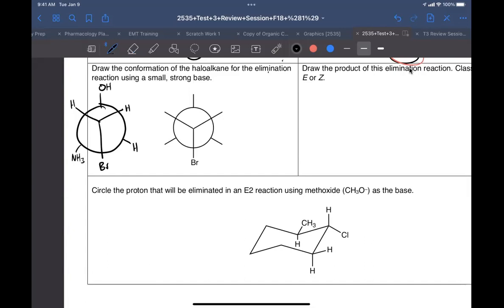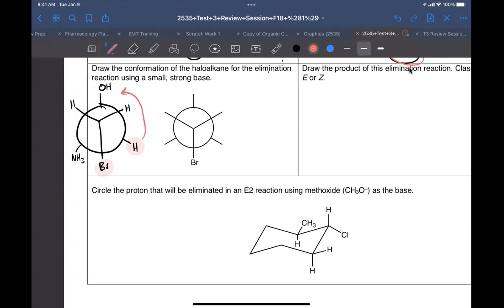Well, okay, this Br has to be eliminated along with an H, and the H has to obviously be on a beta carbon. So the beta carbon groups are the ones in the back. Well, looking at the ones in the back, there's only one H. If there's no H, there's no reaction, and you have to look at a different perspective. But he won't throw that at you. So if this H is what we want, we have to rotate it so that it's anti-periplanar.